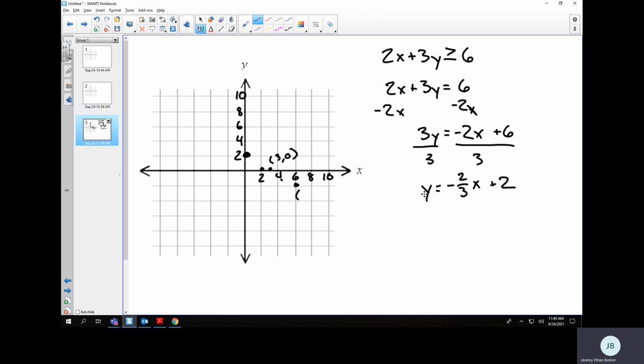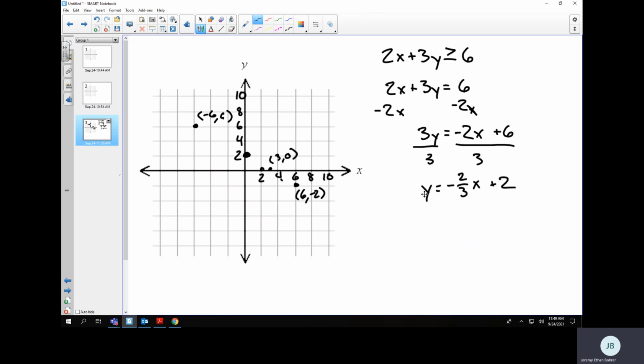Getting my stuff backwards. And if we come back this way, it'll go through the point negative 3, 4, and 6, negative 6. There we go.